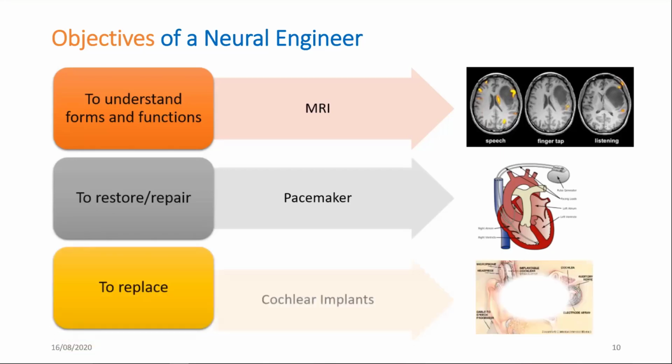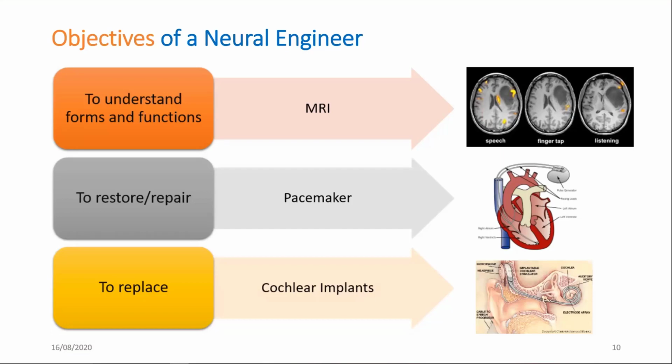Or to replace, for example, cochlear implants. So you probably heard about it a lot. People who have sensorineural hearing loss, the sound is reaching into their ear, the mechanical wave is there, but the transduction that happens in the cochlea, which converts this mechanical action into an electrical signal that can be perceived by your brain, that system is damaged.